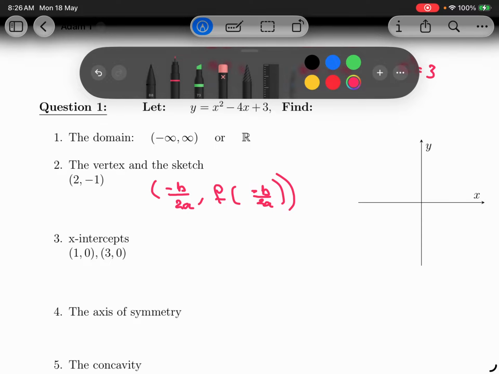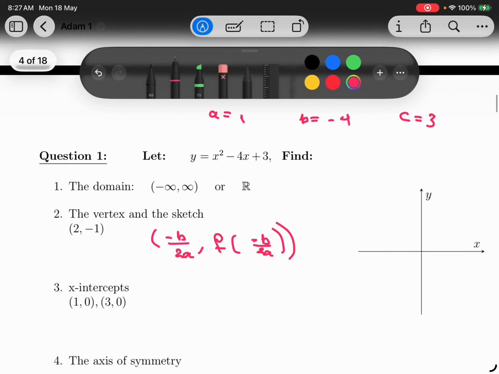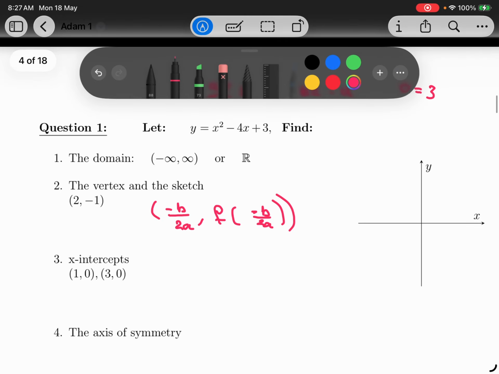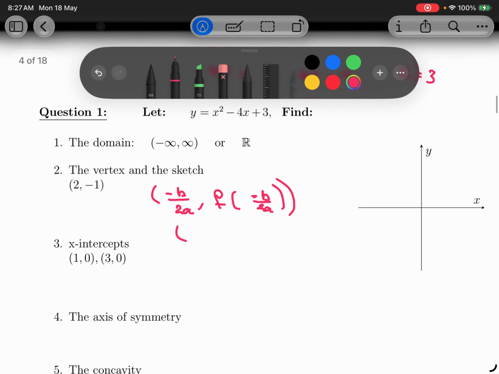So I told you before, we have a and b and c as well. So b is minus 4. If you replace here, it will be minus b, it means 4 over 2a, a is 1. So minus b over 2a will be 2, right? So it will be 2 and f of 2.